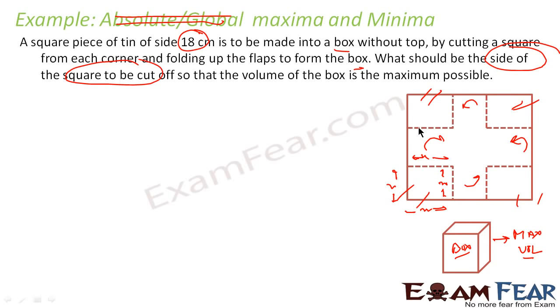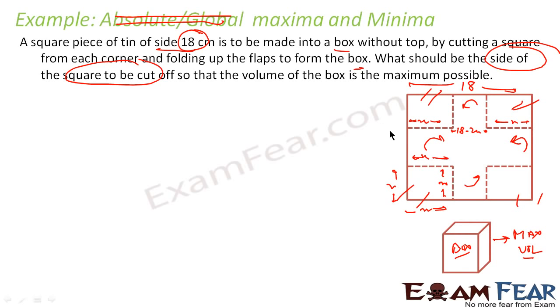If you observe here, this whole length is 18 centimeters. If this part is x and this part is x, this part becomes 18 minus 2x. What I'm doing is finding the edges of this box. This is 18 minus 2x.